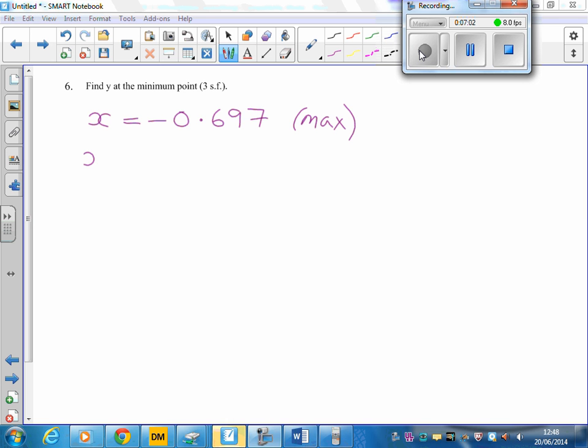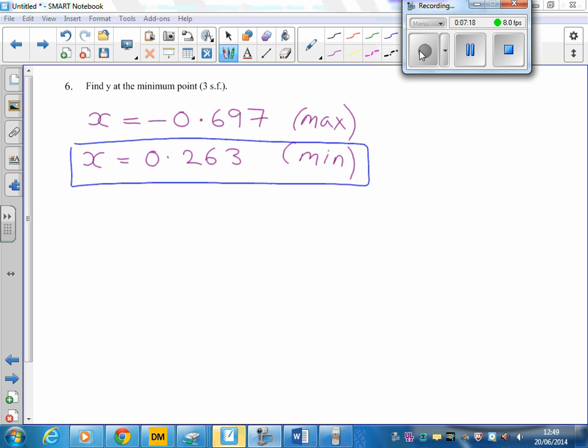It was actually x is 0.263 at the minimum point. So it's this second value that I'm going to substitute in to the original equation to find out the y value at that point.